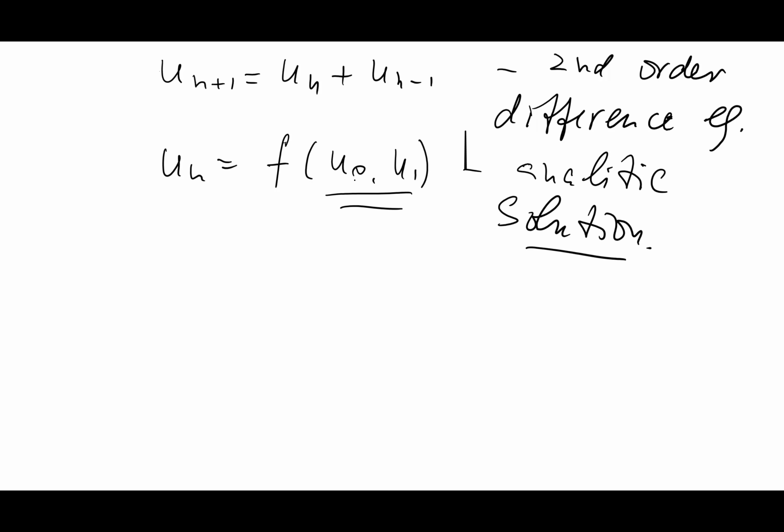Why should it depend on u_0 in addition to u_1? Because this equation can be used to find u_2, but it can't be used to find u_0 and u_1. So therefore, u_0 and u_1 should be given. u_0, u_1 form the initial conditions for this problem.